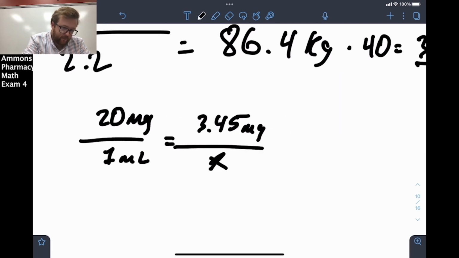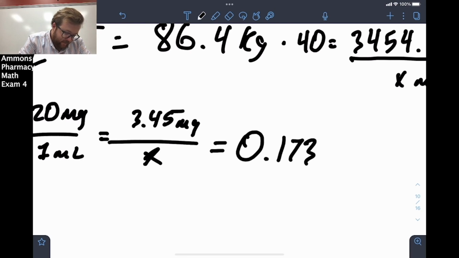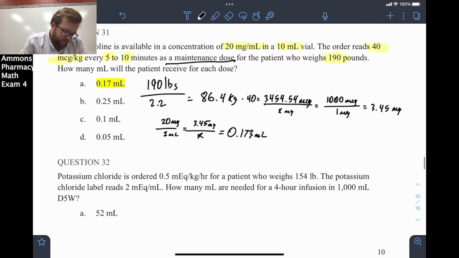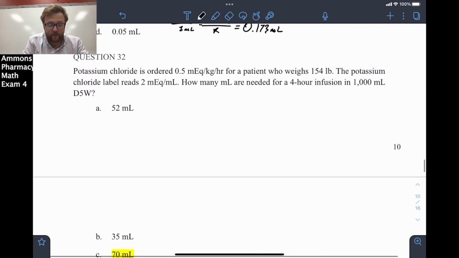So it's 3.45 divided by 20, 0.173 mils. Boom. So if you got as confused as I did because it said time, don't be. It doesn't matter because it's for one dose.